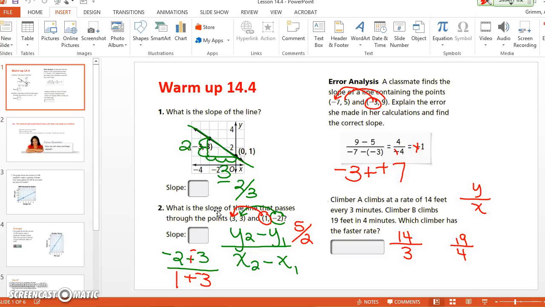Tell me some different strategies that you could use to figure out which one of these is faster. Once you get it to this point, what are some different strategies, Gavin? Okay, so that's one strategy. Turn into decimals and check for comparison. How else?